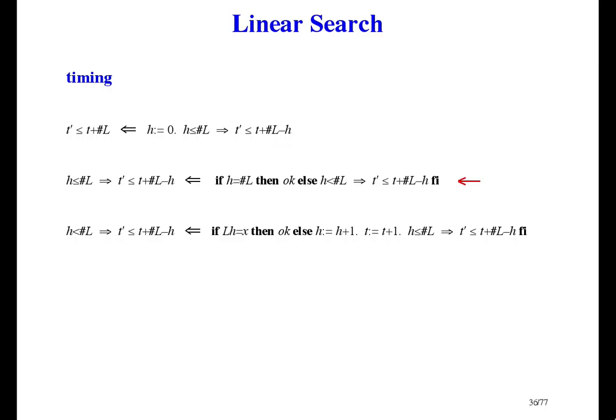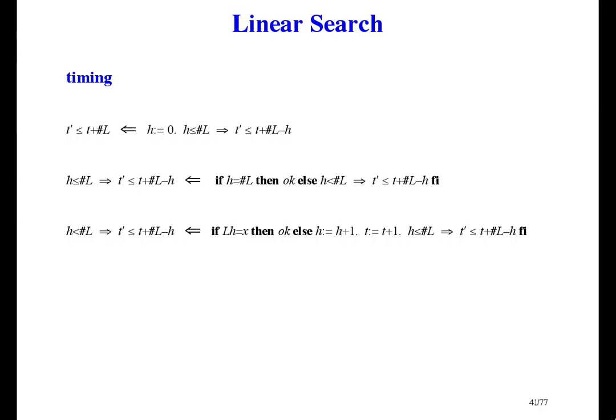To prove the middle refinement, there are two cases to consider. When h equals the length, then the length minus h is 0. And so OK says t prime equals t, which implies t prime is less than or equal to t.